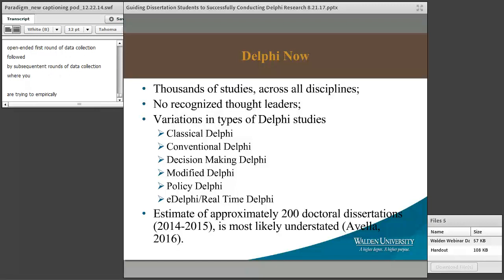There is something called a decision-making Delphi. Often this is used by companies where the participants are known to each other in terms of who's participating in the study. So back to my example, if I made this a Walden study, and I opened it up so the panelists knew who was participating, and the intent of the study was to adopt these tools and techniques and make some decisions about curriculum design for the next 12 months, that would be a decision-making Delphi.